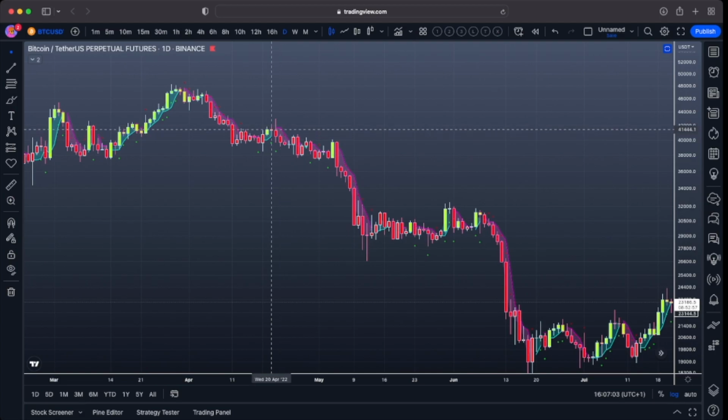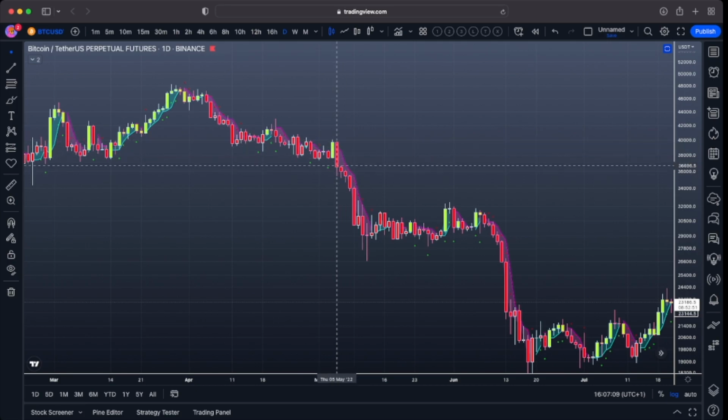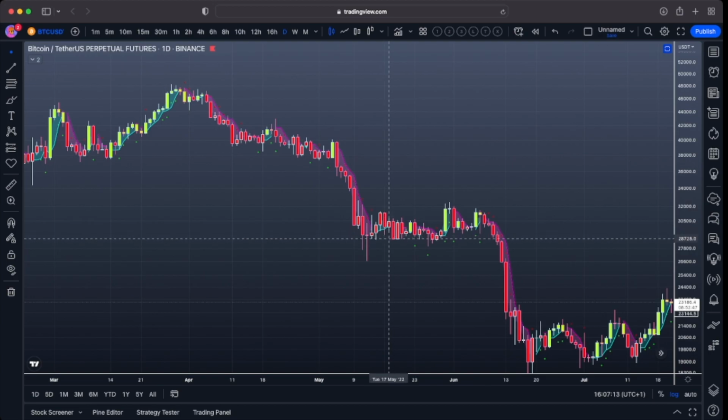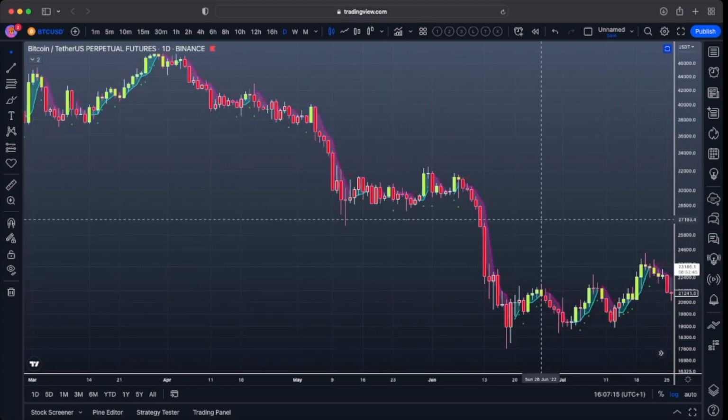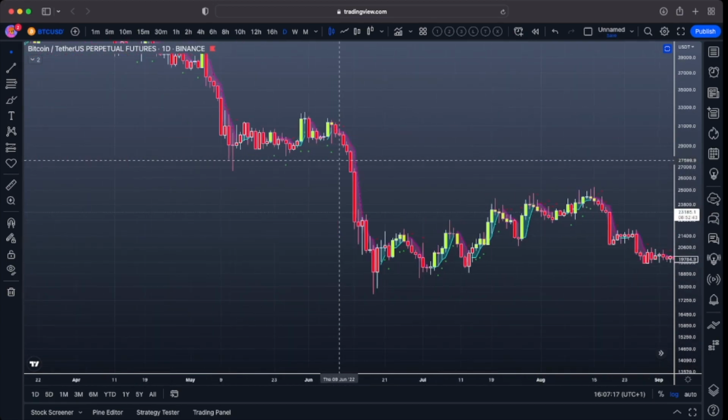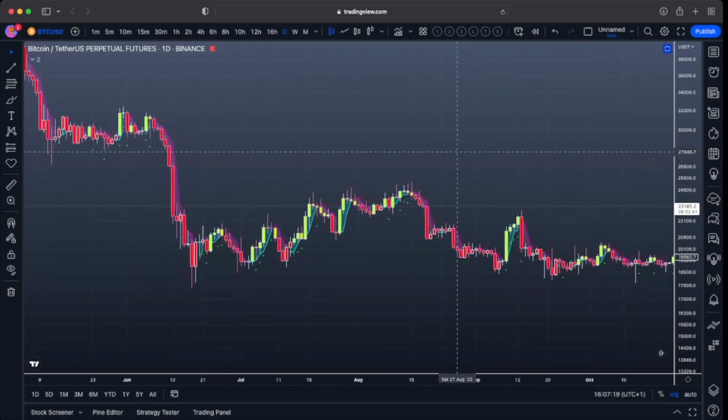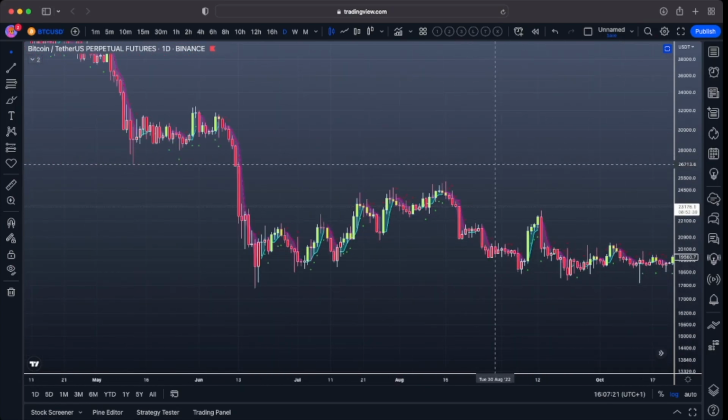We had a little bit of pullback here, and then all the way red candles here. We had a fake out, invalidated by this candle right here, and we went down. So basically you can use it on higher time frames to catch the bigger moves.